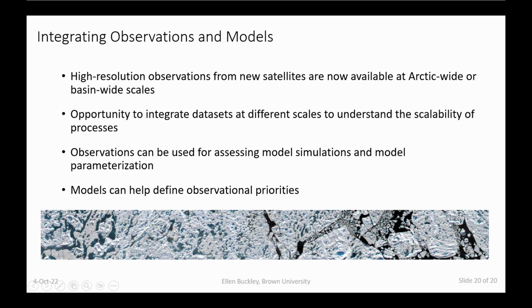And I think with these different kinds of data sets, from in situ to aircraft to satellite observations, we can look to see how different processes scale, and how we can integrate these data sets.